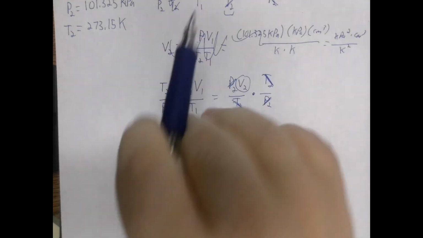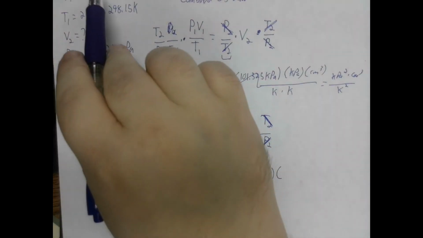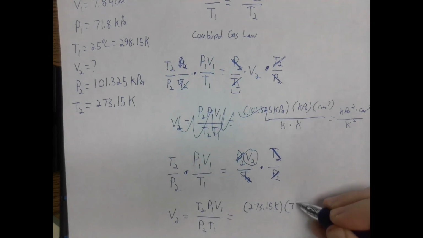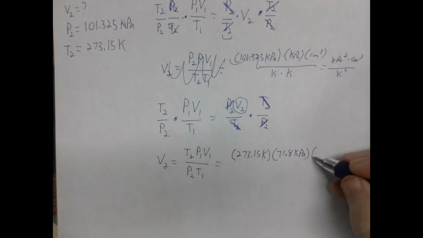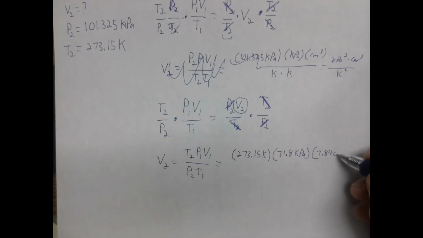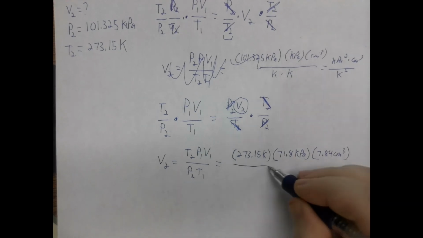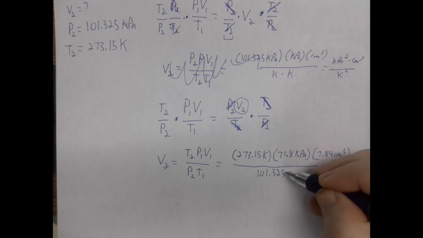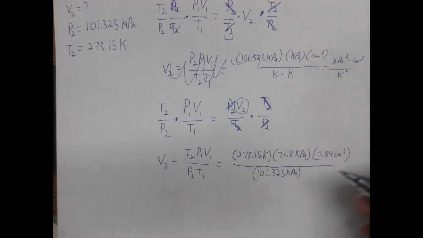Pressure 1, making sure I'm writing the correct pressure, was 701.8 kilopascal. Volume 1 was 7.84 cubic centimeters divided by a pressure 2 of 101.325 kilopascal, and divided again by temperature 1, which is 298.15 Kelvin.